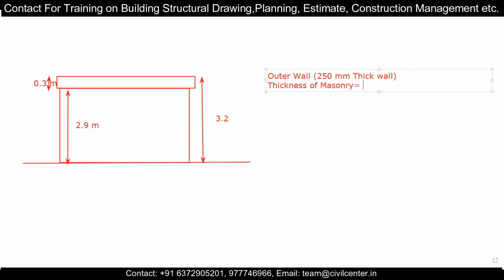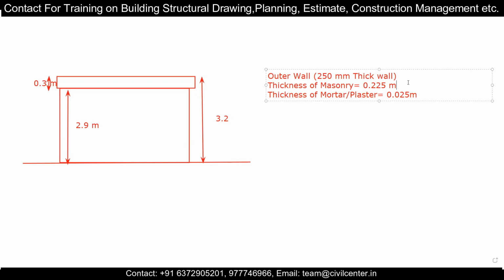Thickness of masonry here is equal to 225 mm, and thickness of mortar, or the thickness of the plaster, let it be mortar or plaster, you can just say plastering, it can be 25 mm, or 0.025 meter. Let's do everything in meter, so it can be 0.225 meter.